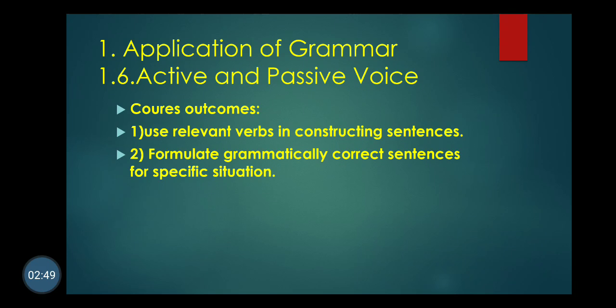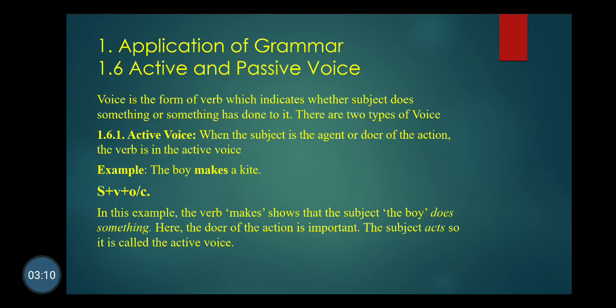Because in competitive exams, 1 or 2 questions will be asked from this topic in English grammar. From our examination point of view, it will be asked in question number 4e for 4 marks. Have you got it? Then turn towards our topic 1.6, active voice and passive voice.